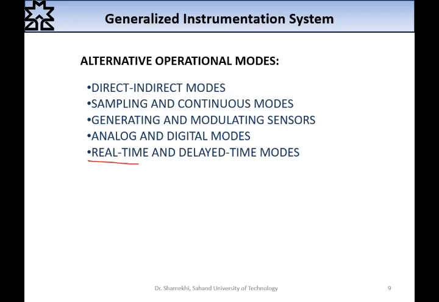For example, when we use sonography, we have some real-time device. And when we use MRI or CT scans, we have some delayed time mode because we should wait to generate the output.